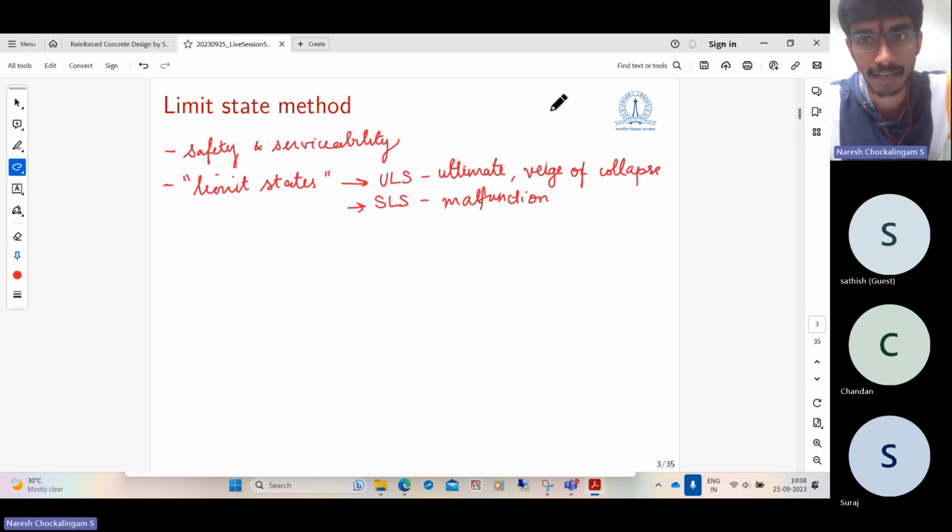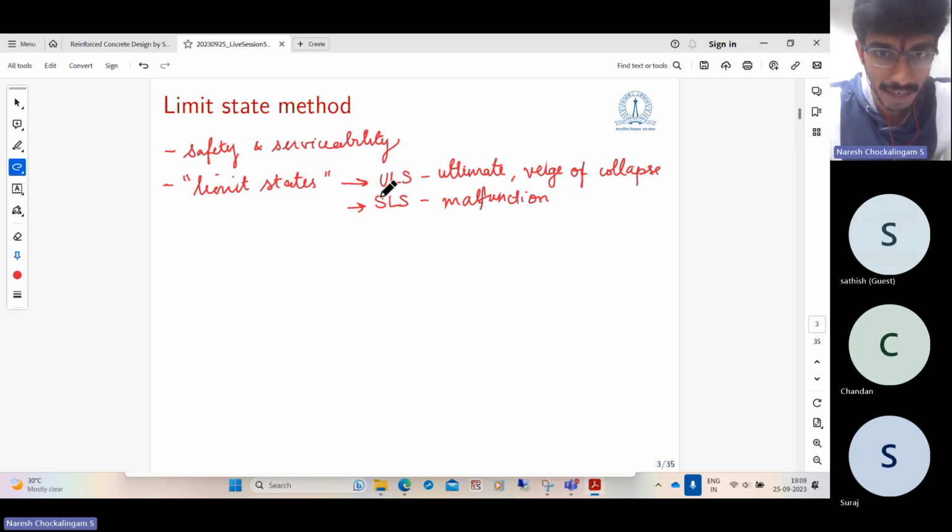If a beam is deflecting excessively under service loads, people cannot occupy the structure anymore. It will cause cracking, leakage, cracking of the tiles, etc. And it is also not aesthetically appealing. So even if the structure is safe, if it is not serviceable, it is identified as a limit state.